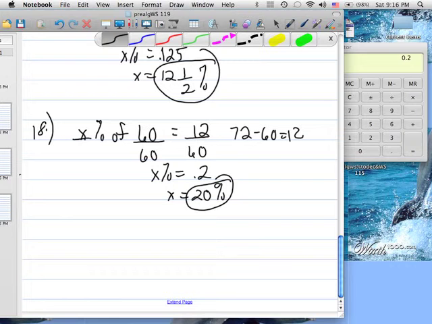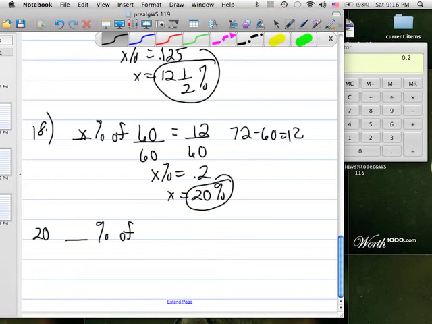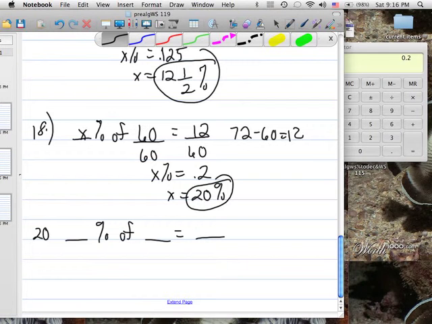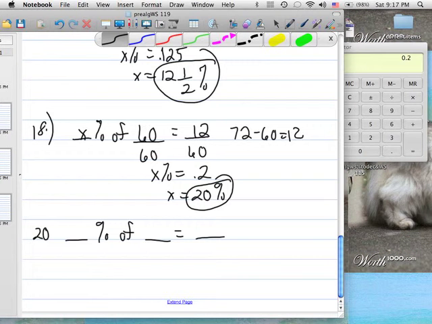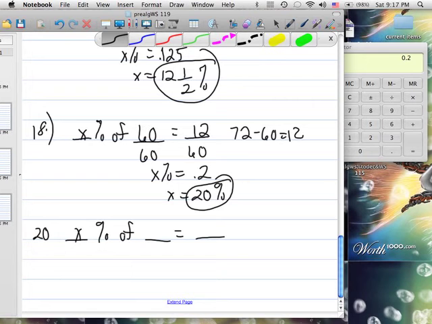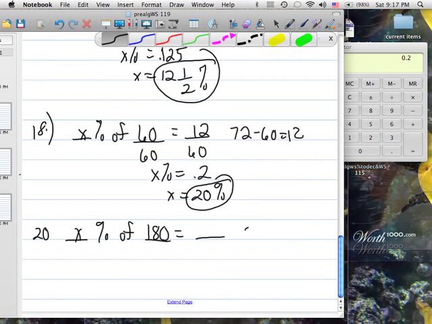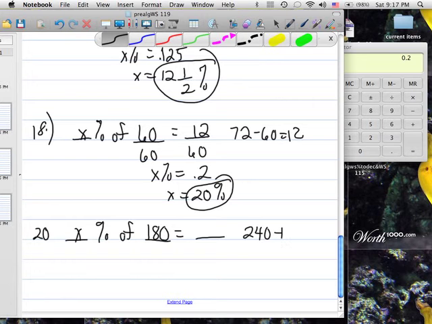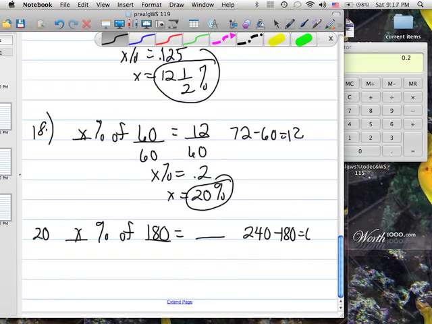And the last one, number 20, blank percent of the original amount equals the increase or decrease. So it says the Gonzalez family increased the size of their family room from 180 square feet to 240 square feet. So the original footage was 180, and it went to 240, so that's an increase of 60.